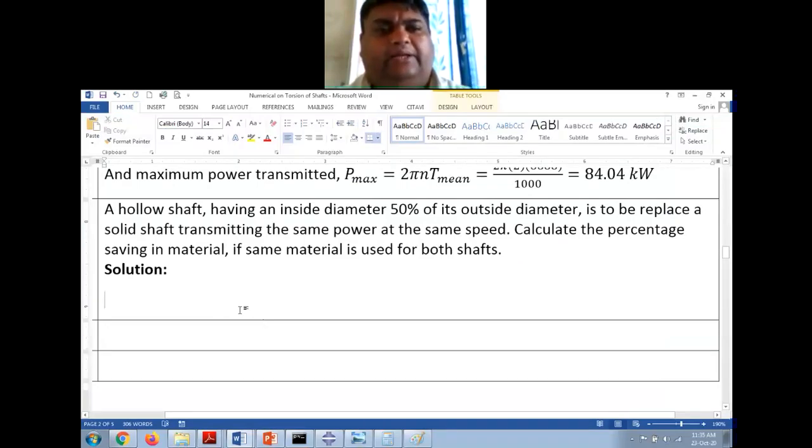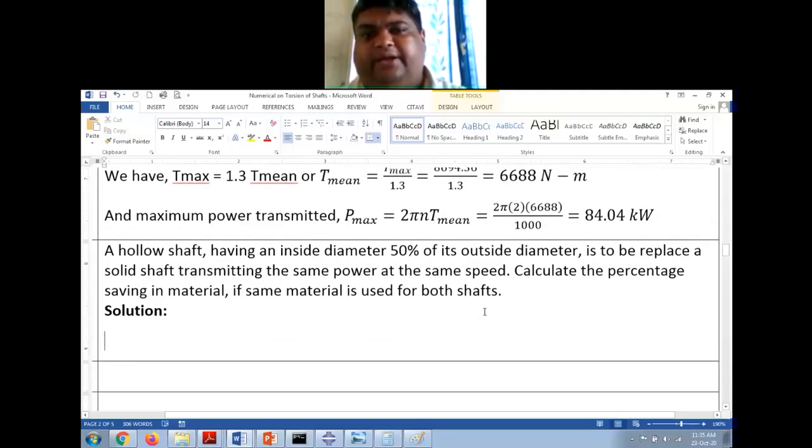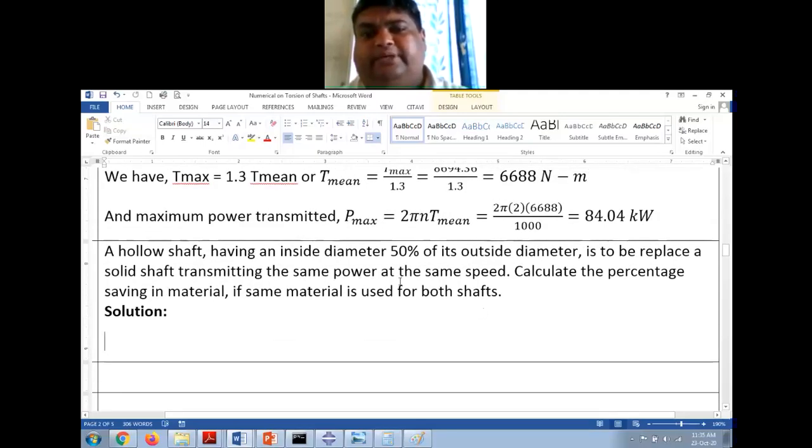Now let us start. See, what you have to do is, I have the solid shaft. So based on what is given, the power transmitted is same at same speed, right? Now the power transmitted is given by 2 pi NT by 60.